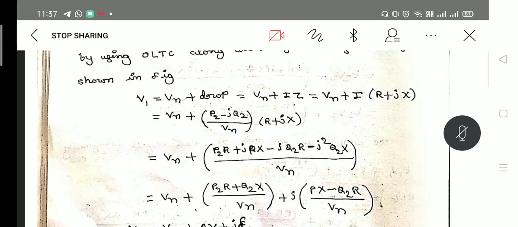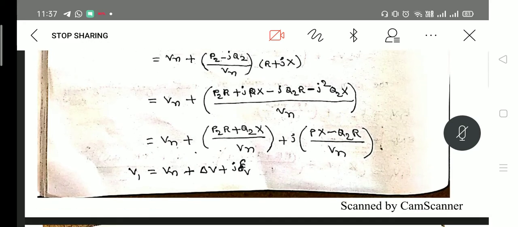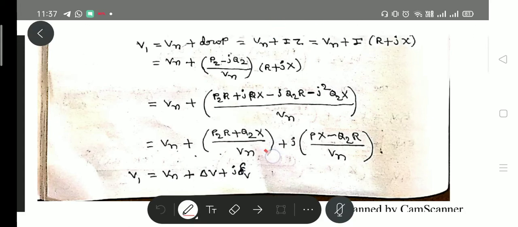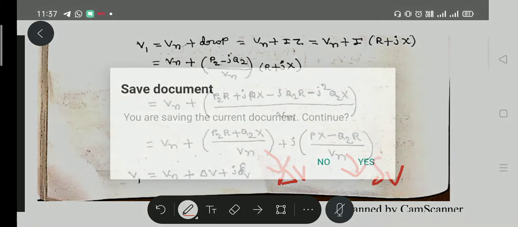Now multiplying this, we can write the real and imaginary terms separately.